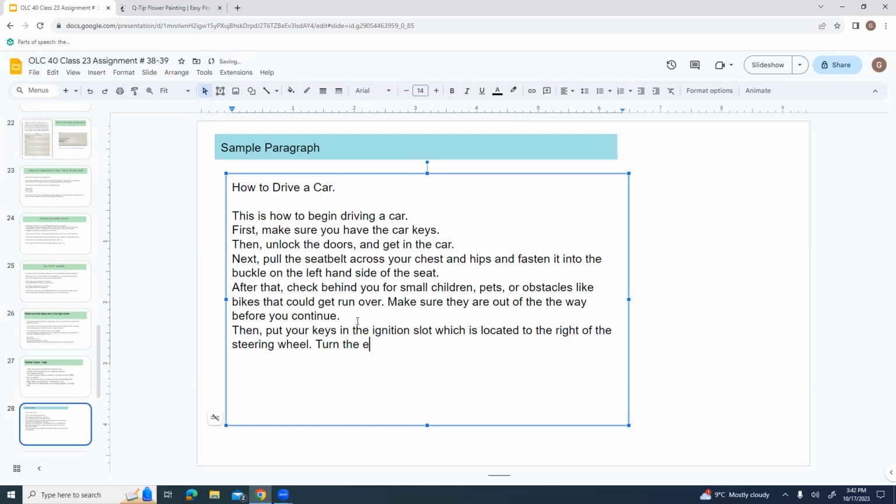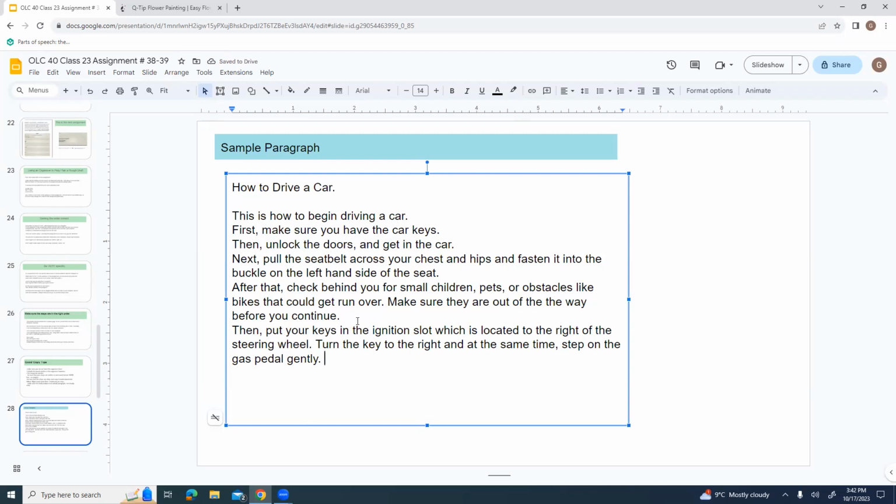Turn the key to the right, and at the same time, step on the gas pedal. Ooh, gently.